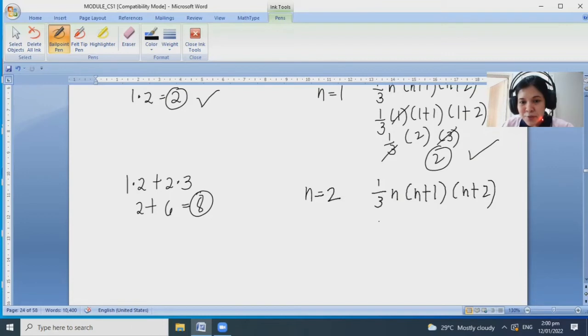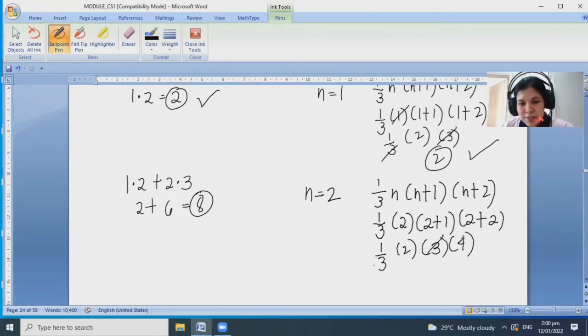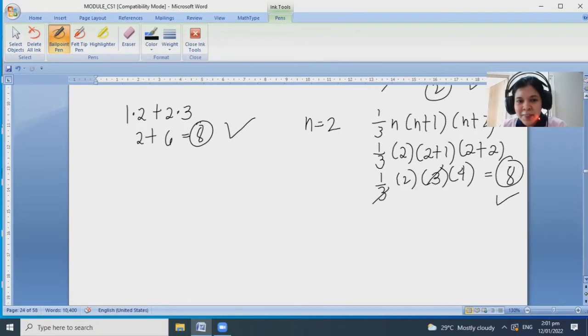Replace n by 2. So 1/3 times 2, 2 plus 1 times 2 plus 2. As you solve, 1/3 times 2, 2 plus 1 is 3, 2 plus 2 is 4. Cancel 3, so 2 times 4 is 8. Verified also, correct. How about the third one?